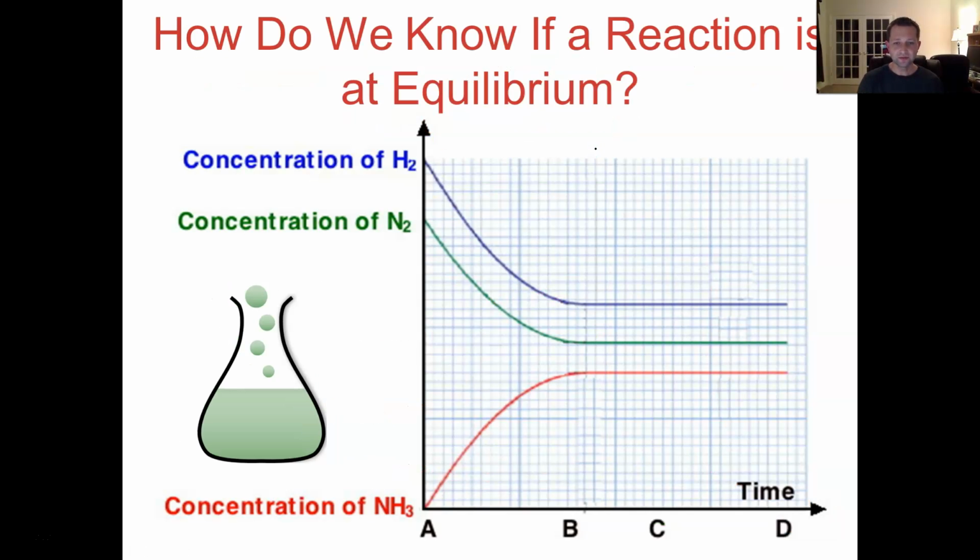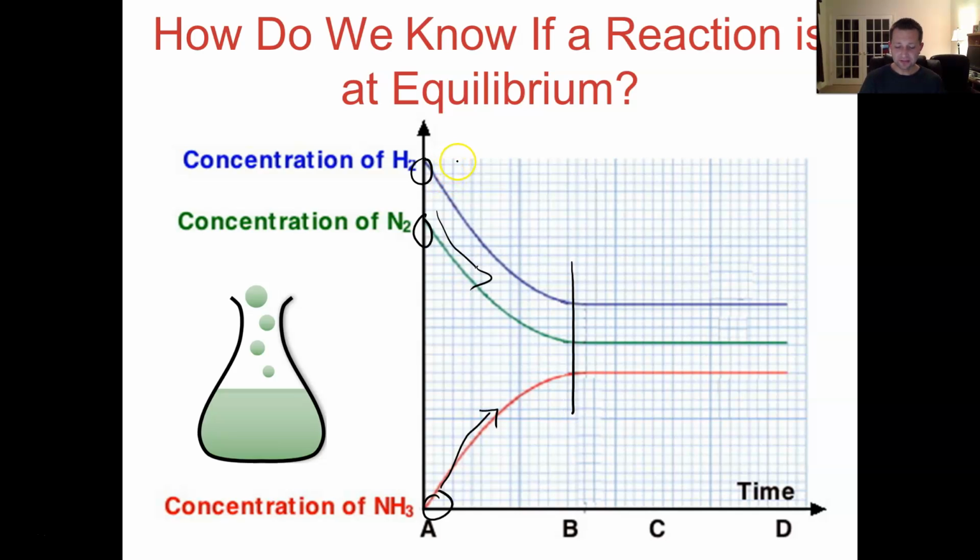If you look at this, we're starting with some initial conditions of N2, H2, and NH3. The reaction proceeds, so clearly the H2 and N2 are decreasing in concentration, while the NH3 is increasing. Then after a certain point in time, about right here, the concentrations don't change anymore.